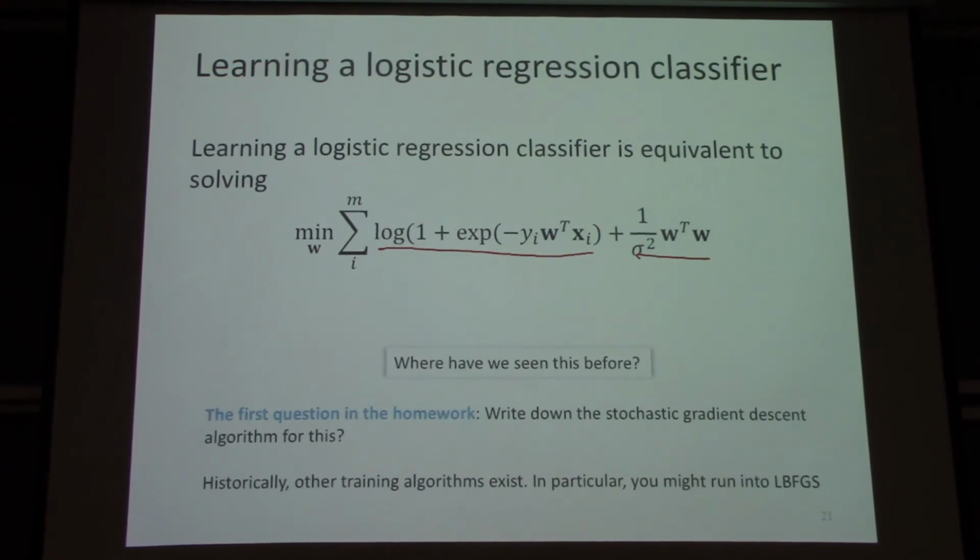So the regularizer still shows up. We assumed that the weights are coming from a prior distribution that's Gaussian, independent of each other, and you take the log of that and you get a square norm regularizer, which we saw earlier for SVMs. And that's a convex function.